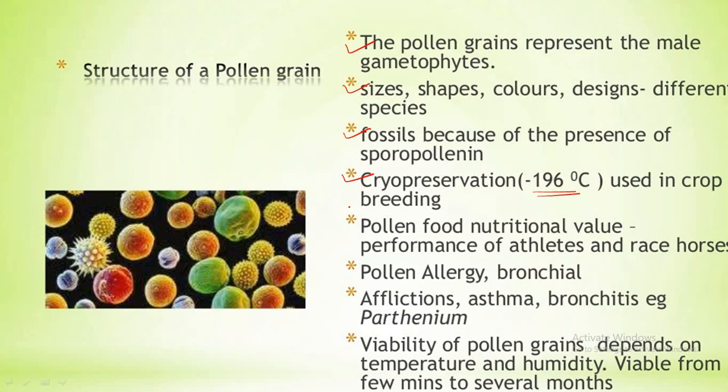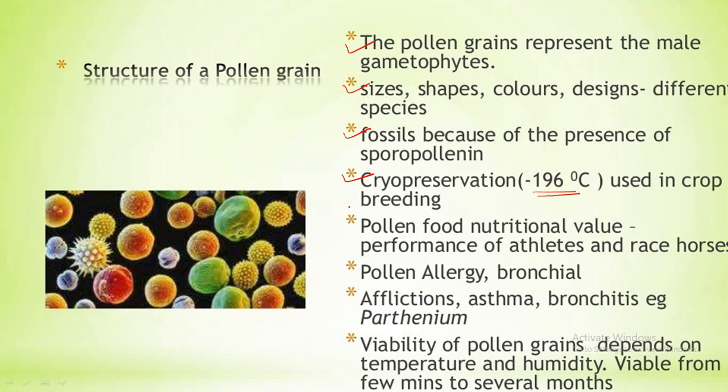Now, pollen grains are generally shed at the 2-cell stage in over 60% of angiosperms. In the remaining 40% of the species, the generative cell divides mitotically and gives rise to 2 male gametes before pollen grains are shed.